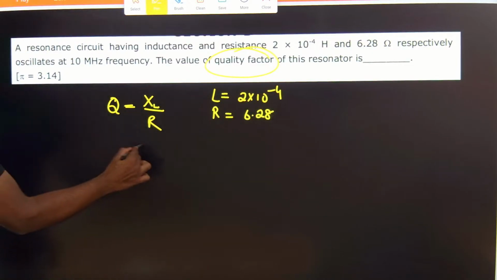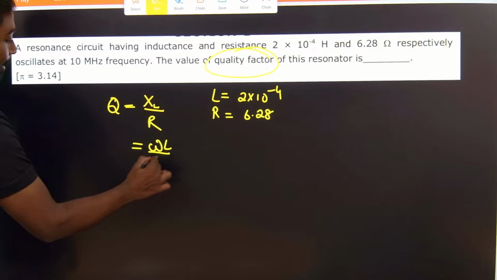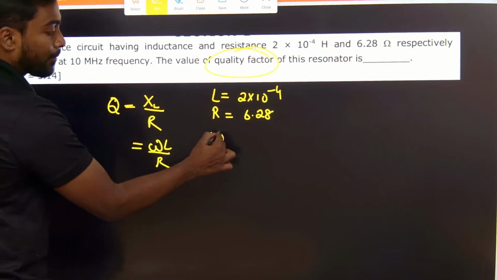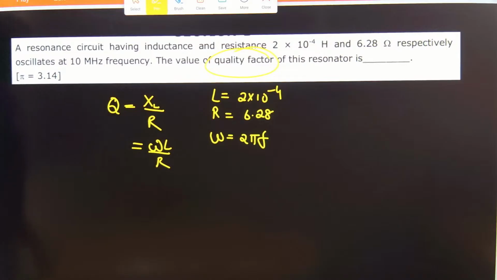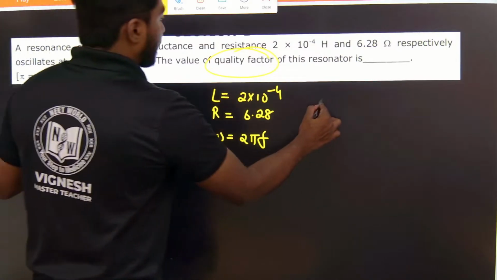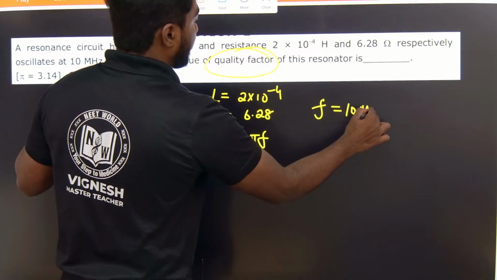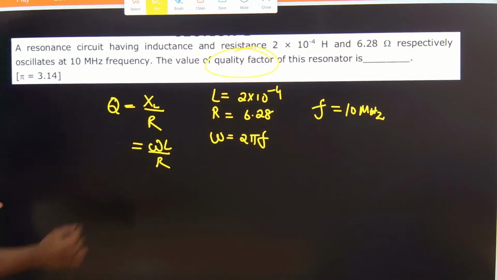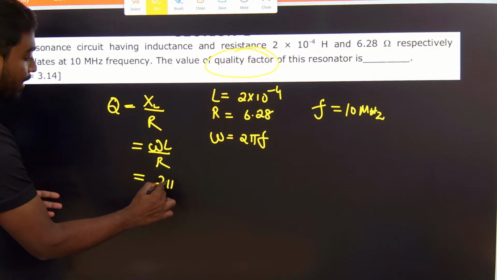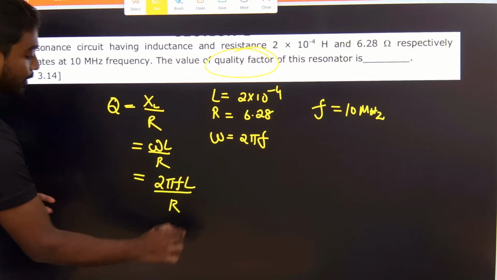So this can be written as omega L by R, where omega is nothing but 2 pi f, and frequency is given, f is equal to 10 megahertz. Now substitute the values. So Q is 2 pi f L by R.